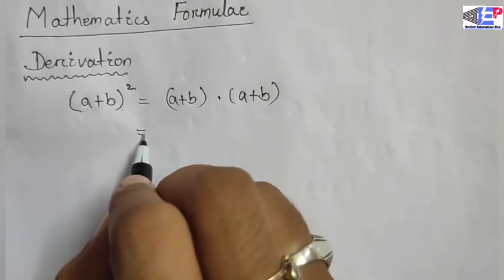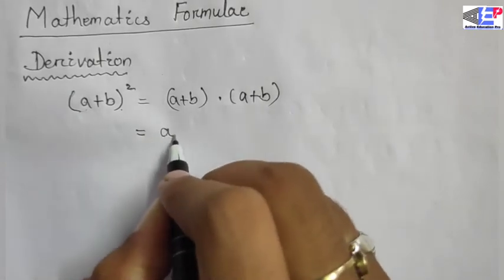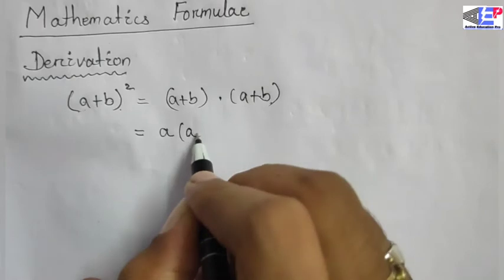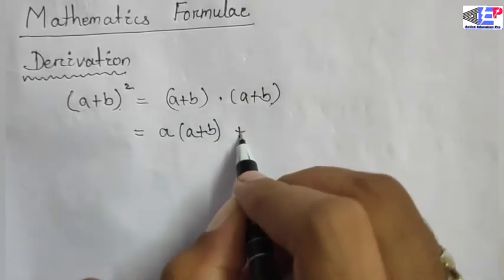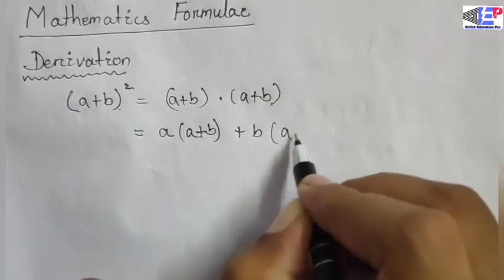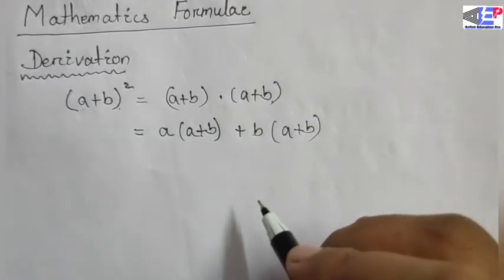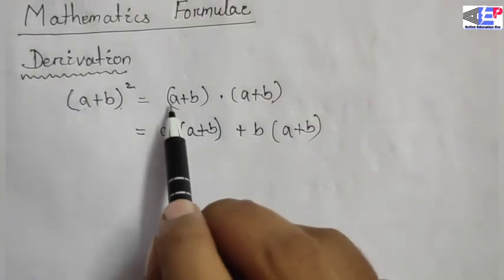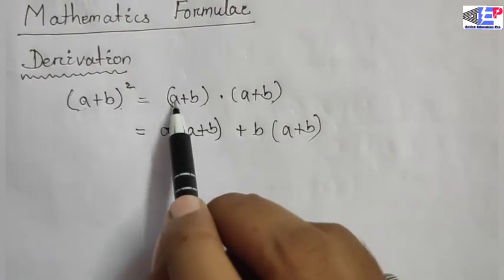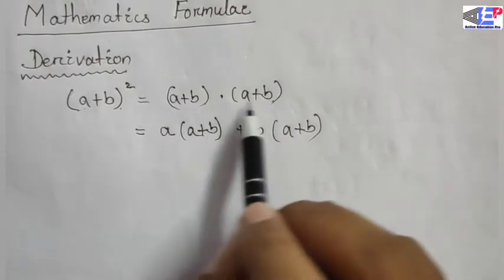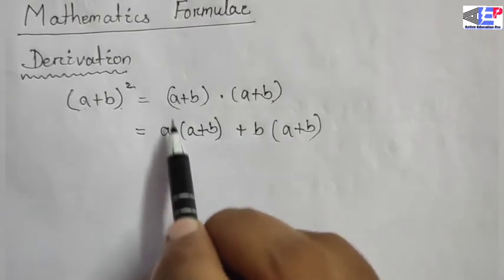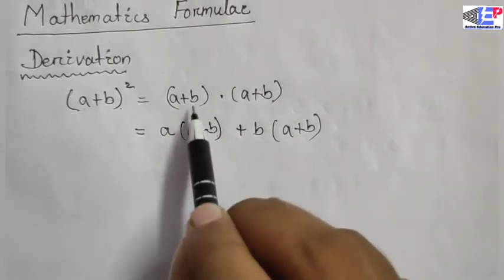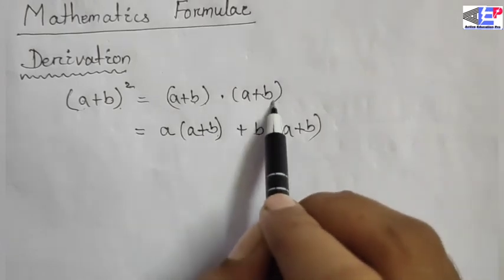As per the distributive rule, first multiply a with the second factor (a plus b), and then put a plus sign, then b into (a plus b). This is the distributive law. Open the first bracket and multiply each term of the first bracket with the whole factor. It means the first term is a into the second factor, the second term is b with the second factor.